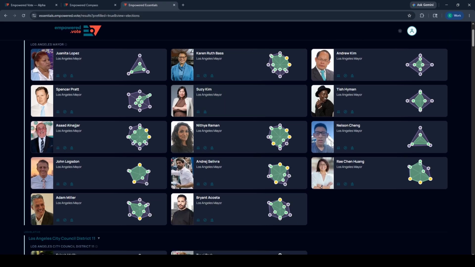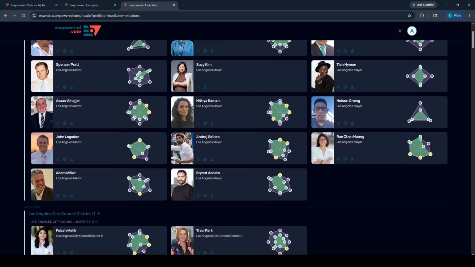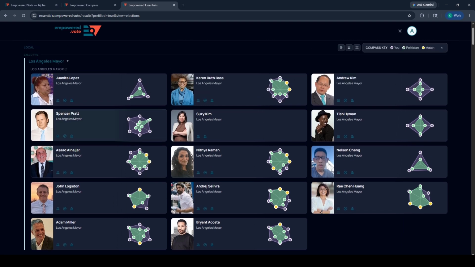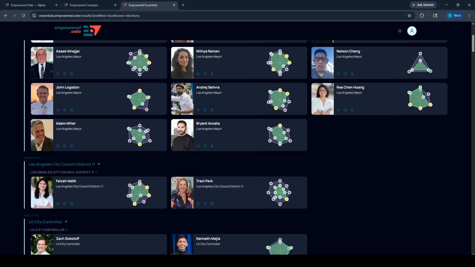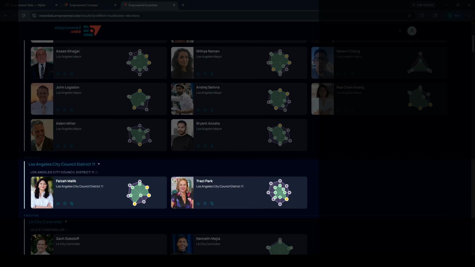And that's especially beneficial in situations where maybe I don't know a lot of these people. Like I don't know many of these names, but I guess I align with this person based on their policy stances a lot more than I align with this person over here. That's especially useful in situations, for instance, where both of these people are Democrats.